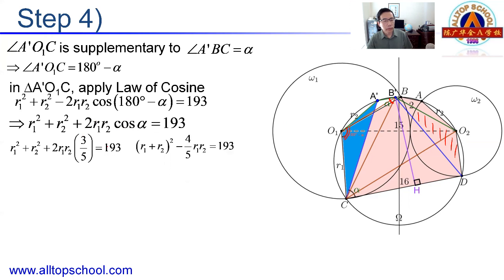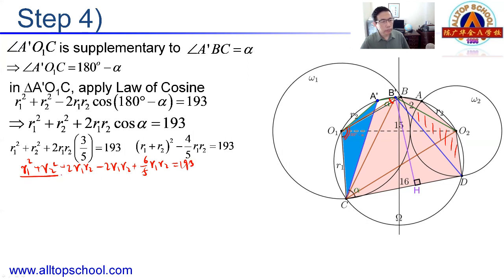And so you get this. We can utilize R1 plus R2. We complete the square a little bit. R1 squared plus R2 squared plus 2 R1 R2, minus 2 R1 R2, plus 6/5 R1 R2 equal to 193.